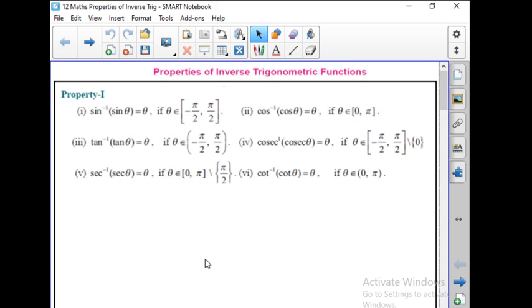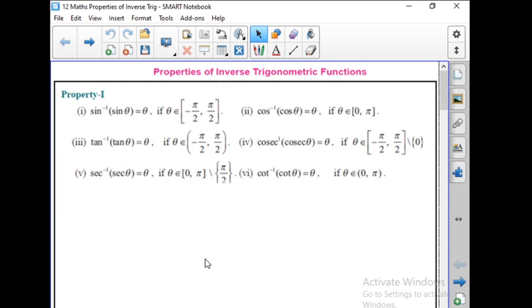Second one, cos inverse of cos theta is equal to theta if theta belongs to closed 0 comma pi. Third one, tan inverse of tan theta equal to theta if theta belongs to open minus pi by 2 comma pi by 2. Fourth, cosecant inverse of cosecant theta is equal to theta if theta belongs to closed minus pi by 2 comma pi by 2 except 0.